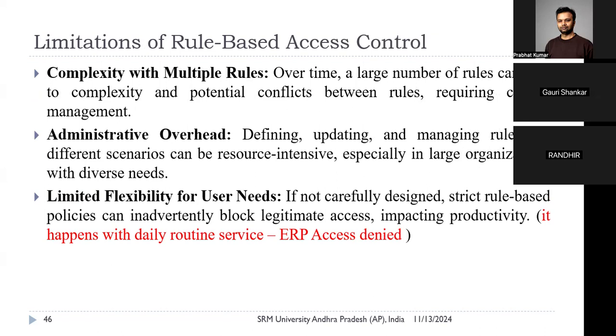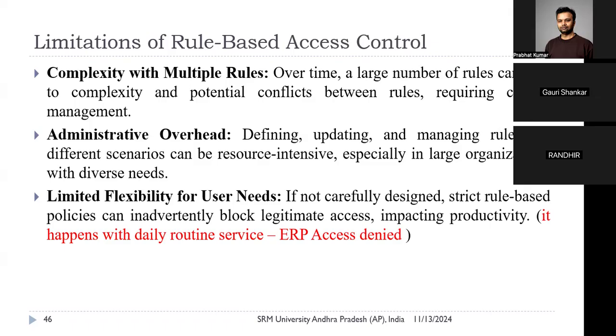We can have n number of resources. In that scenario, different attributes will be there for your resource, different attributes for different roles, and on each attribute you are making different rules. So it becomes very complex to manage this.